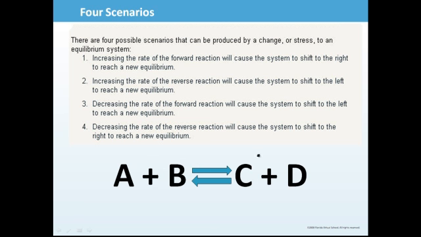And they're saying if we increase the forward reaction, okay, so we increase it going this direction, then we're going to cause the system to shift to the right. Which again, if you just kind of be logical with it, that makes sense, right? If I'm having A and B reacting more and producing C and D, then clearly my equilibrium is going to shift over here to the right.